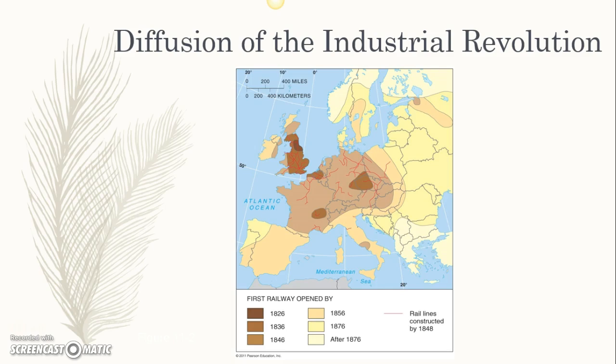We're talking about railways here as a way of diffusing the Industrial Revolution, right? Railways get their start and their foothold in Britain in the 1820s, 1830s. By the mid-1840s, they are spread throughout much of Western Europe, and then ultimately pretty much all of Europe, and it's on the backs of the railroads that the Industrial Revolution really spreads and takes hold.